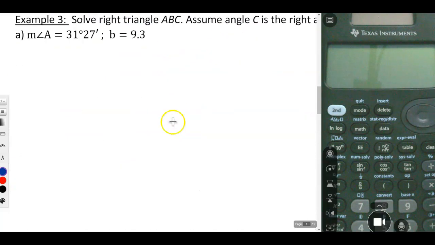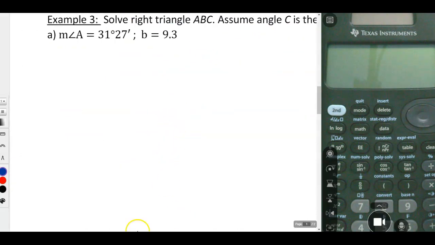So let's look at this. You can see the angle is given in the degrees minutes format, so we're going to stay in that format throughout the problem as much as we can. So start, as always, by drawing a picture. Pictures are useful.